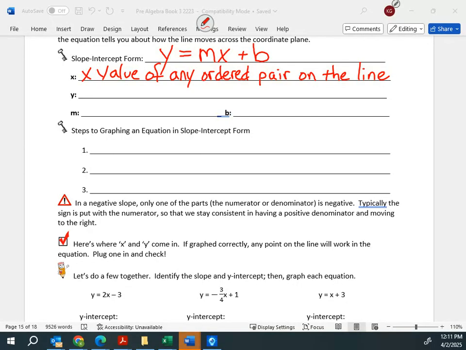It's the y value of any ordered pair. So we can get the x's and the y's right from our ordered pair. You can either see on the graph what the x and the y are, or you see the ordered pair, and we know what to put in.